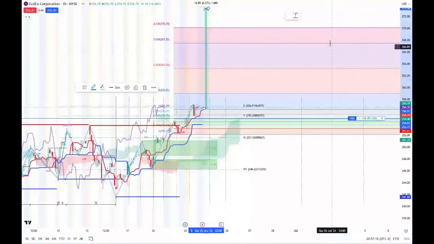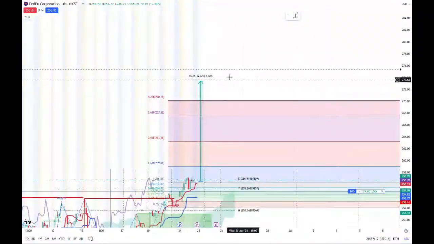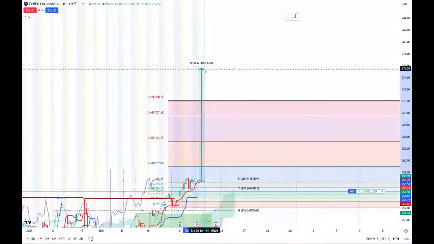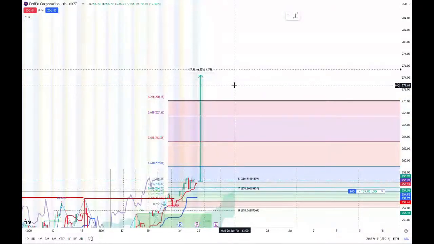Still didn't get the 695. The 690. Oops. 697. So 17 points from this price right now.